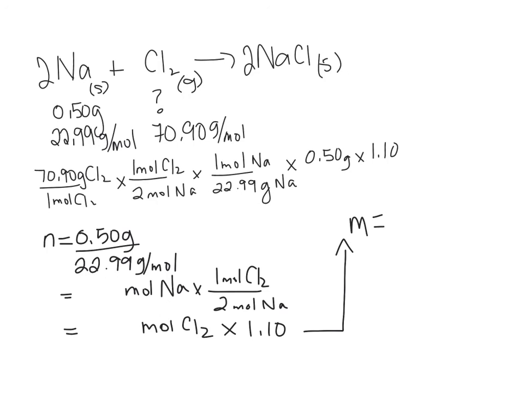Now we come back and we use the other formula. You know moles of chlorine now. With extra, multiply it by the molar mass. So, whichever method you're using, you fill in the numbers.